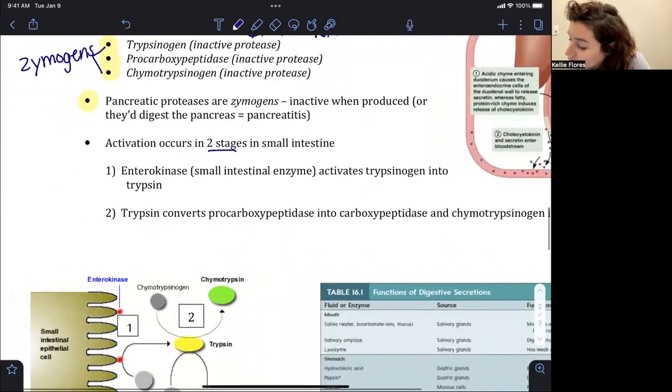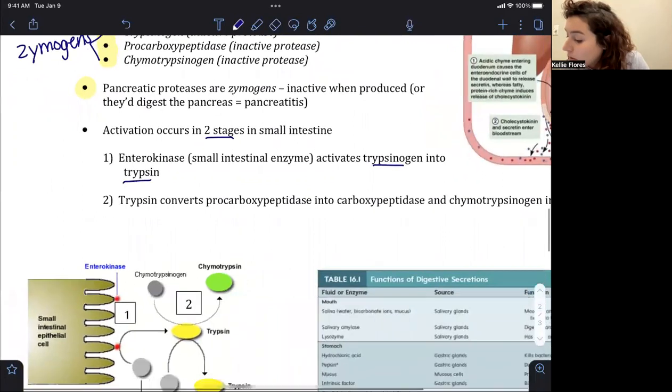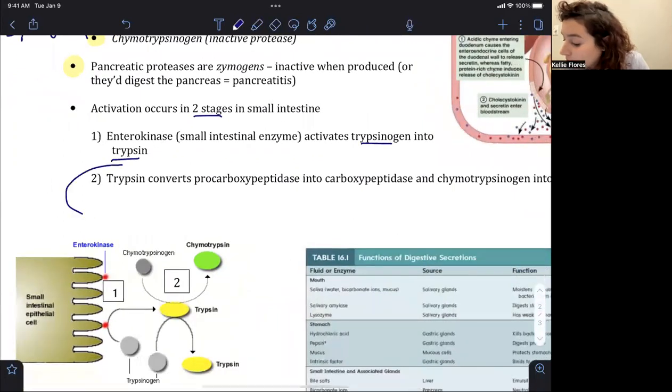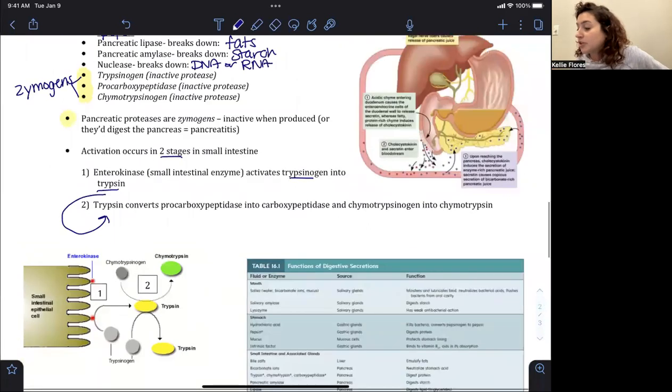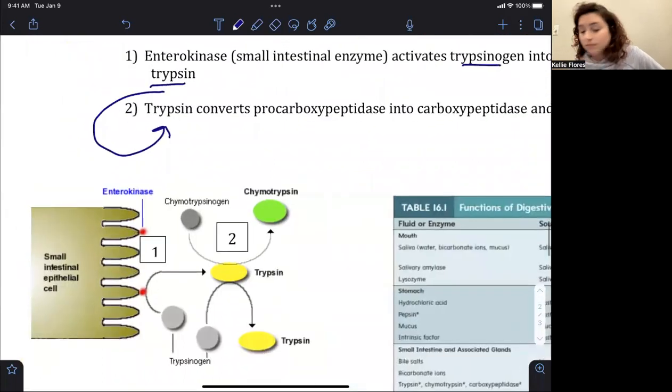So this activation of enterokinase activating trypsinogen into trypsin will then cause another chain reaction. So trypsin from the previous step will convert procarboxypeptidase into carboxypeptidase, and chymotrypsinogen into chymotrypsin.